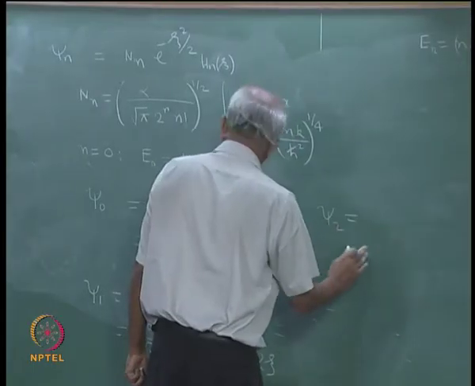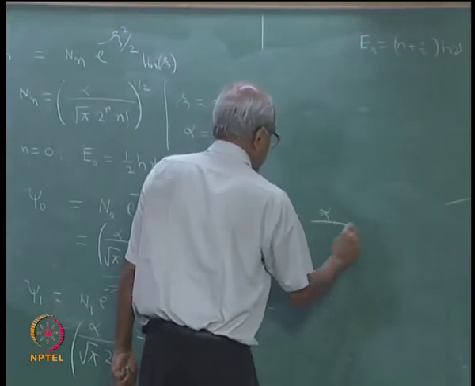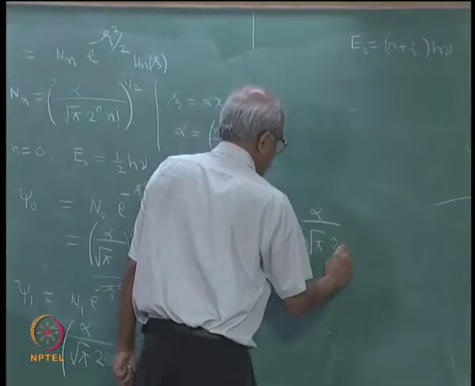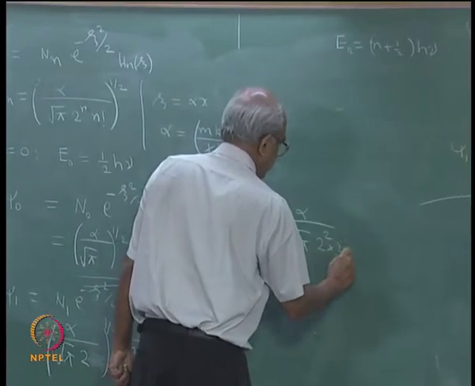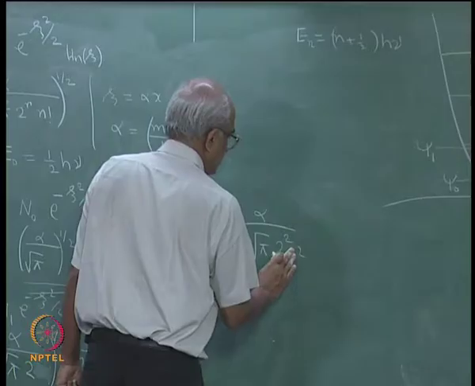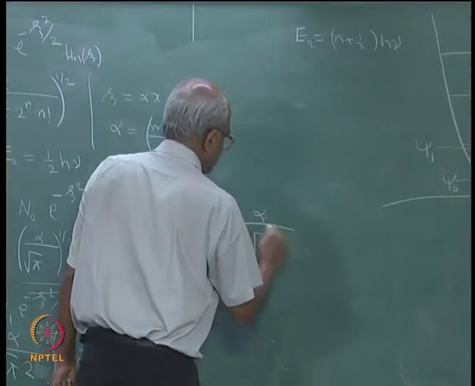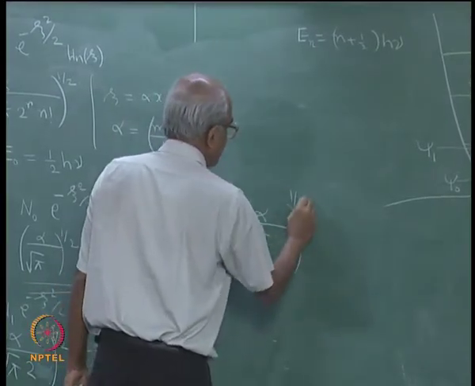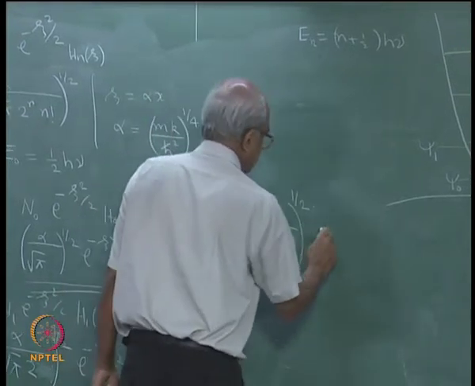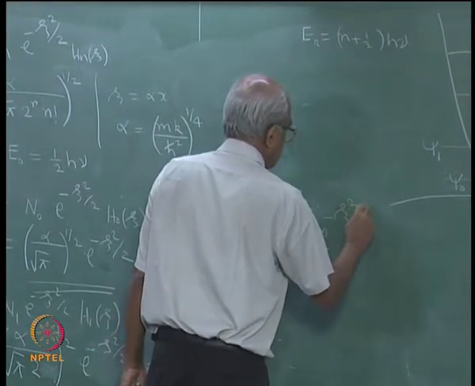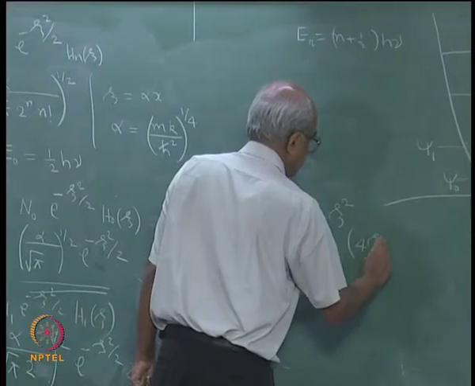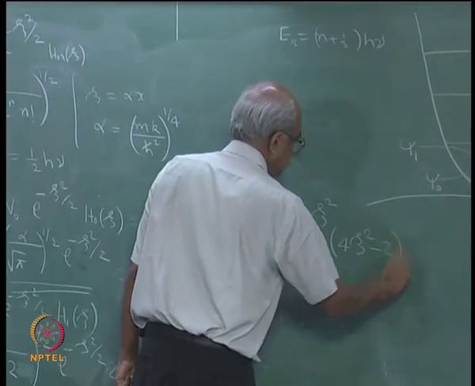would be equal to alpha by root pi 2 square into 2 factorial, which is 2. So, effectively you have 8 there. So, this is the function.